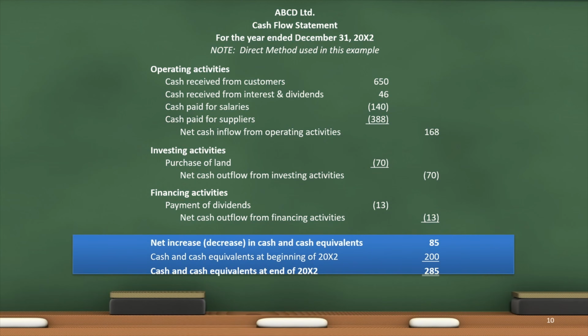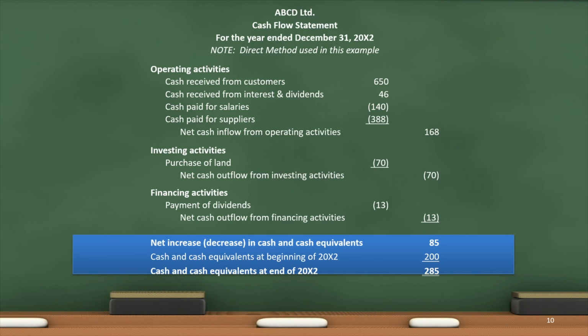And the very final line says cash and cash equivalents at the end of 20x2 is 285,000. Next from the bottom, it says cash and cash equivalents at the beginning of 20x2 is 200,000. And then just above that, it says the net increase or decrease in cash and cash equivalents is 85,000.